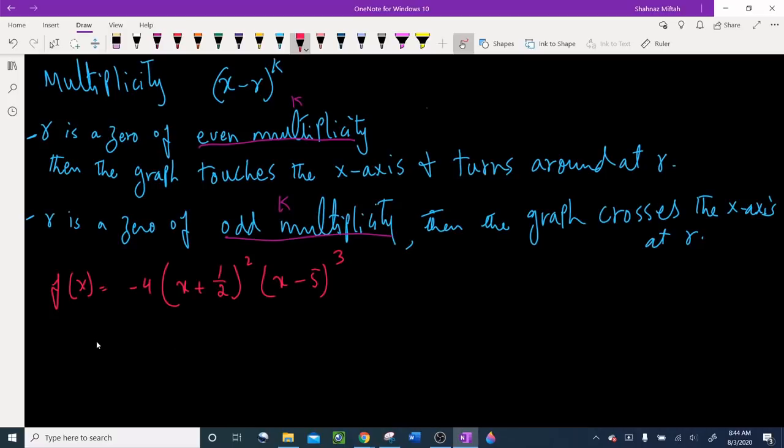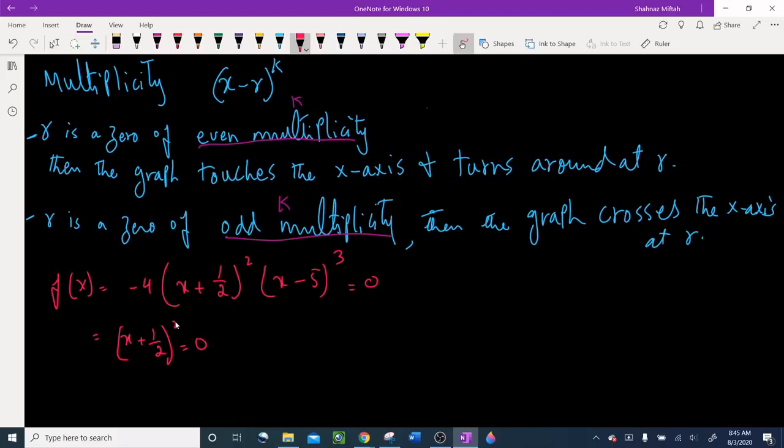So we're going to find the zeros first. We set this whole function equal to 0. I know this is negative 4, so you divide negative 4 on both sides and you get 0, the negative 4 disappears. I'm left with x plus half, whole squared, equals 0.